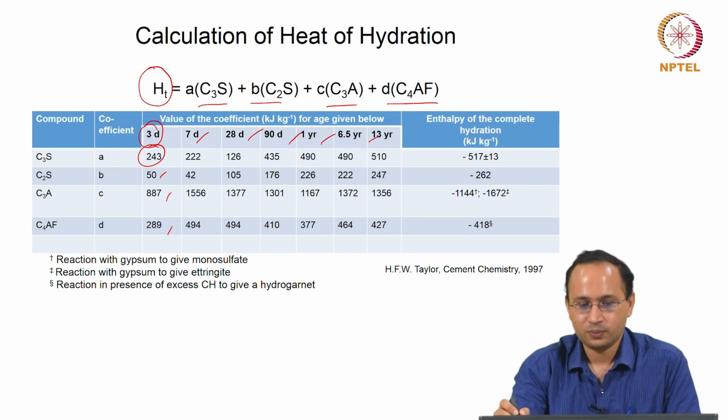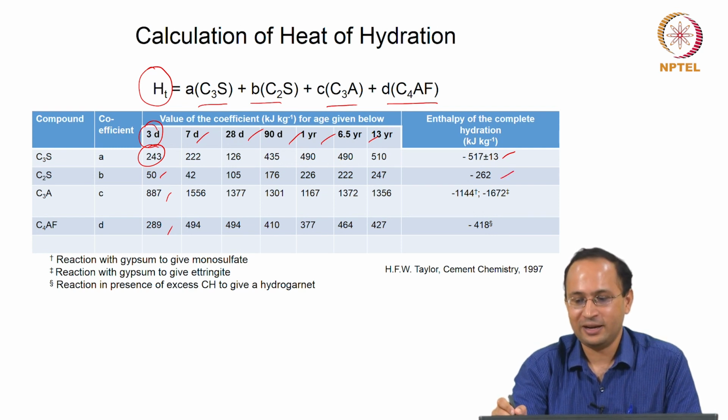For an example, C3S, if there is a pure C3S phase, that will release roughly around 517 kilojoule per kg. So that is a number for pure C3S, right.